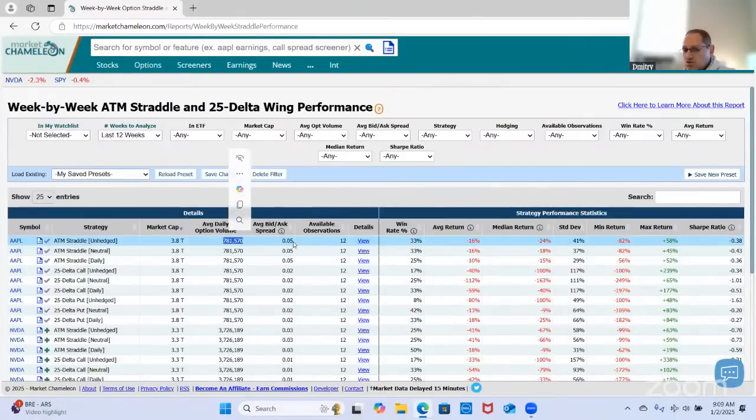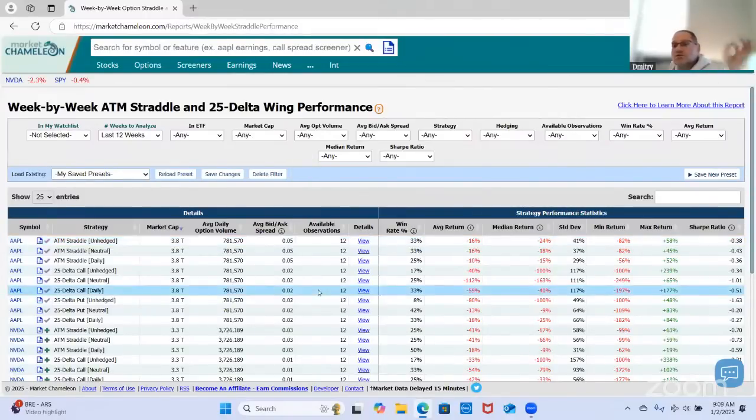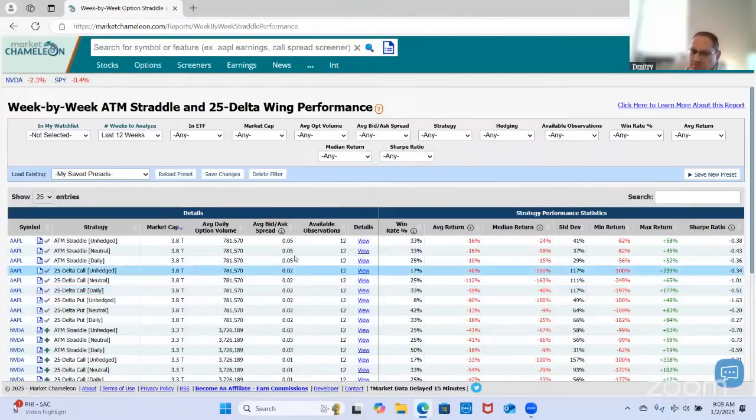Next to it, we see the average bid-ask spread in the straddle in our observations. On average, when we track this strategy, the bid-ask spread was 5 cents. That also is a liquidity measure.